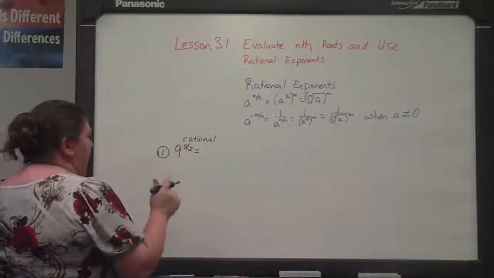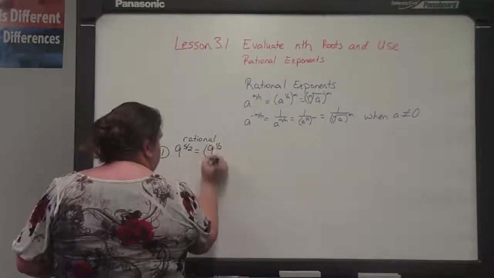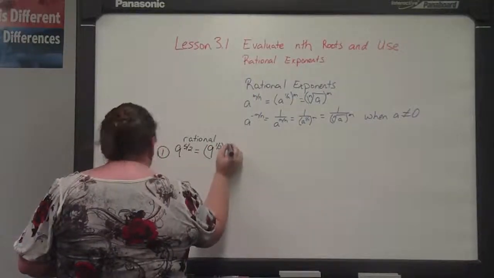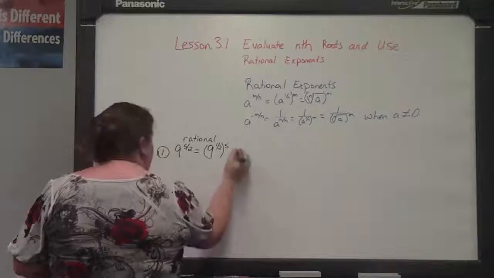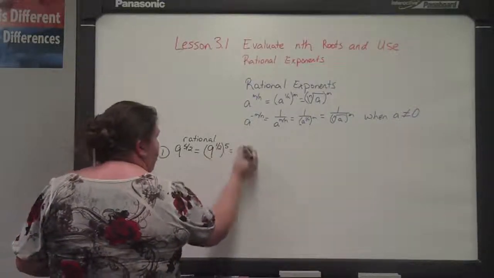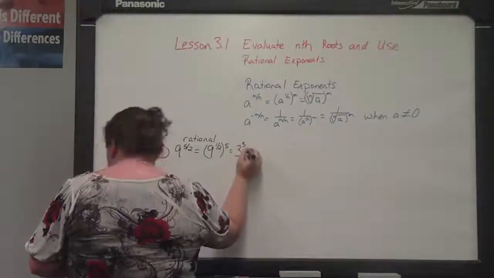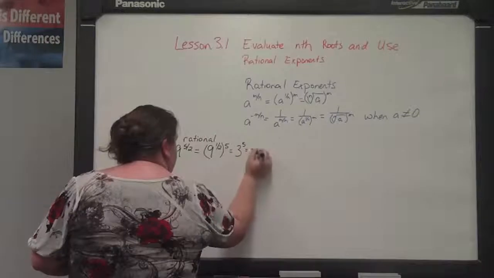I can rewrite that as 9 to the 1/2 to the 5th power, which gives me 3 to the 5th power, which gives me 243.